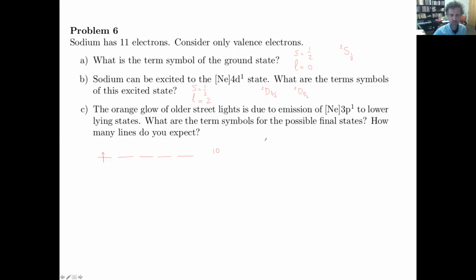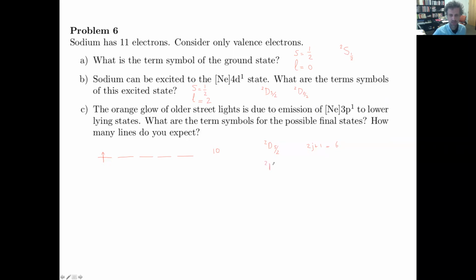Now the first term symbol, D 5/2, has this value here for J. The total number of states within this term symbol is given by 2J plus 1, and that equals 5 plus 1 equals 6. There's 6 possible states. Okay, so the electron can be in this term symbol, and there's 6 possible arrangements in which the electron can be in that term symbol.